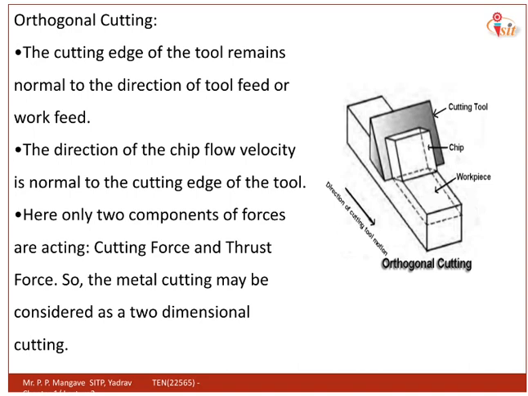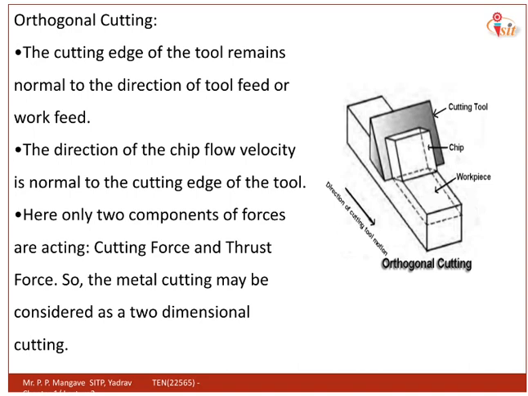Here the chips flow in a direction normal to the cutting edge of the tool, that is, they flow over the upper surface of the tool. Such a type of cutting causes two different forces to be generated.